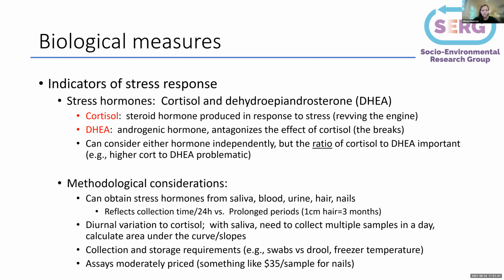If you're getting saliva samples multiple times over the course of the day, you get cortisol levels at that time and over a period of 24 hours, versus something like nails or hair, where you're collecting information on stress in aggregate over prolonged periods of time. One centimeter of hair can yield about three months' worth of cortisol levels. So it's up to you what tissue you pick and what period of time you're trying to quantify.